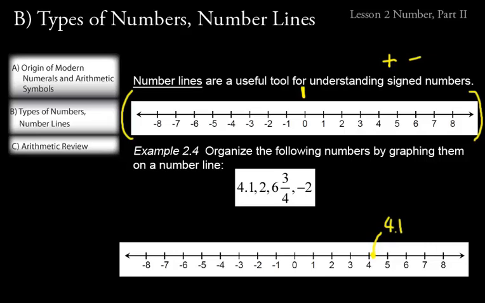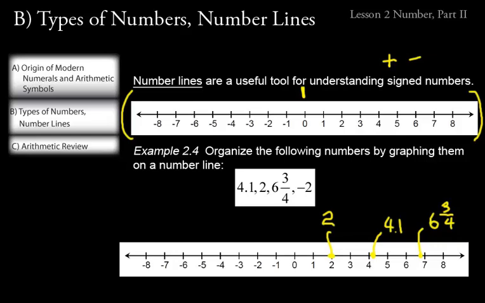Then 2, well, just put a dot on the number line where 2 is, and we'll write 2 right above that. 6 and 3/4, well, that's between 6 and 7. So we could say maybe about right there. We estimate when we put it on the number line. It's not as exact as writing it out. We have to estimate a little bit where the 3/4 mark would be between 6 and 7.